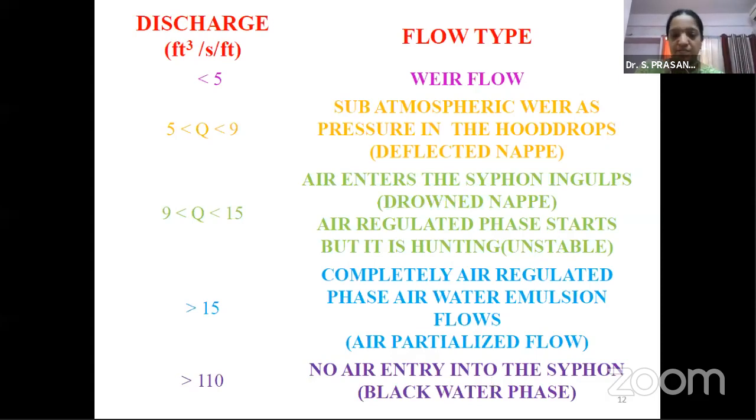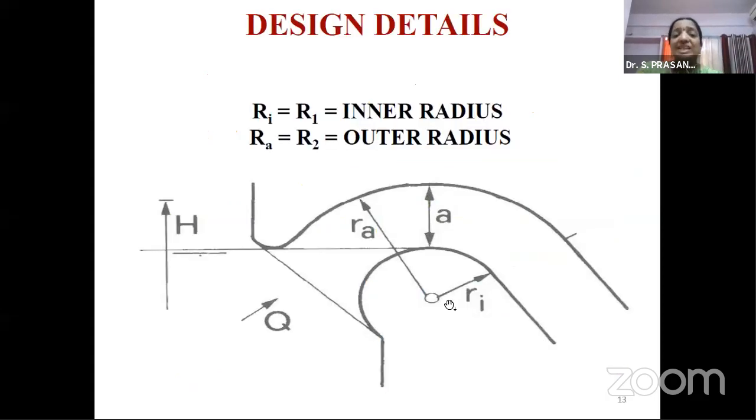No air traces. So in this context, some design aspects with respect to the height of the throat section, and the radius at which you have to go for the hood portion of the siphon, again play a significant role over here.